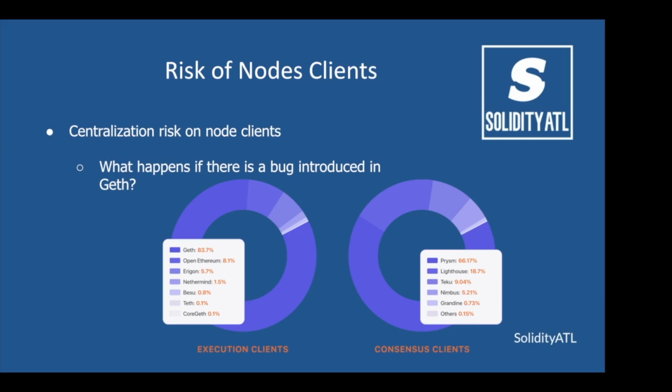So you can see for Ethereum, what you're seeing here is the distribution of execution clients on the Ethereum protocol. So 83% of Ethereum nodes are running the Geth client. So what would happen if someone found a bug in Geth, or there was a malicious actor who was able to take advantage of that monopoly?